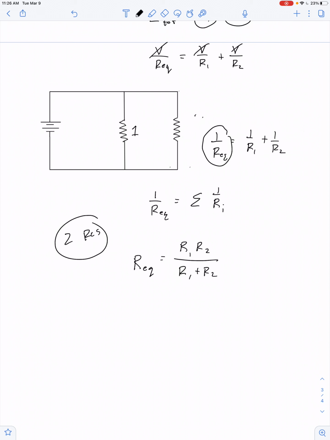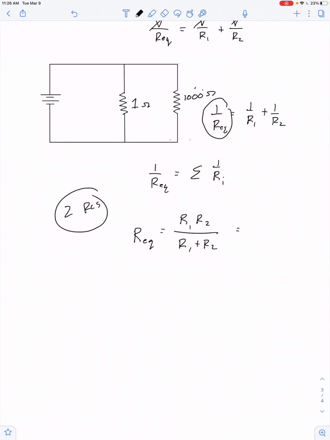So if the first resistor is 1 ohm and the second resistor is 1,000 ohms, what would be the equivalent resistance? Well, 1,000 times 1 is 1,000. 1,000 plus 1 is 1,001. And so we get an equivalent resistance of 0.999 ohms, which is just slightly less than the smaller of the 2 resistors.